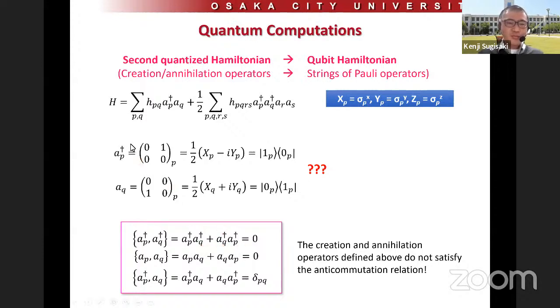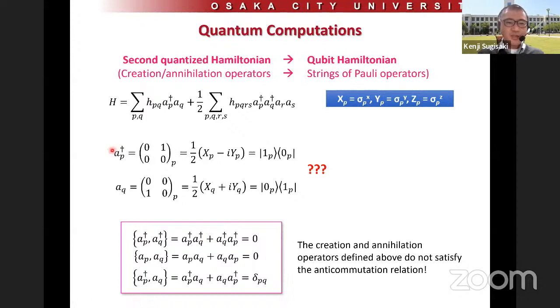If we define the creation operator as shown here, applying this creation operator to the p-th qubit has no effect on the quantum state of the q-th qubit, and vice versa.